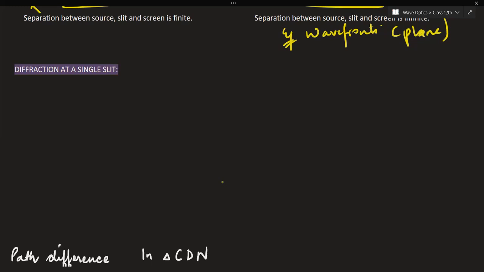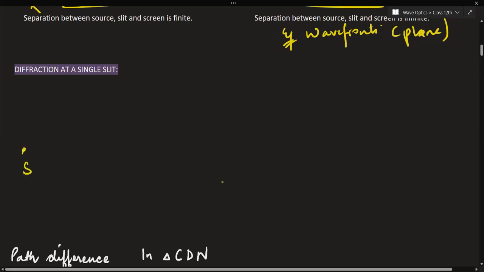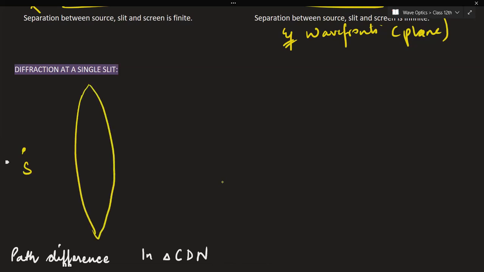Now see, we do not have any opaque object to get diffraction possible, so we'll take a lens. The source will be located here, but we'll take a lens so that this gets bent. Whatever radiations are coming from the source have to converge, not at a point. So for that particular point, we are taking it.